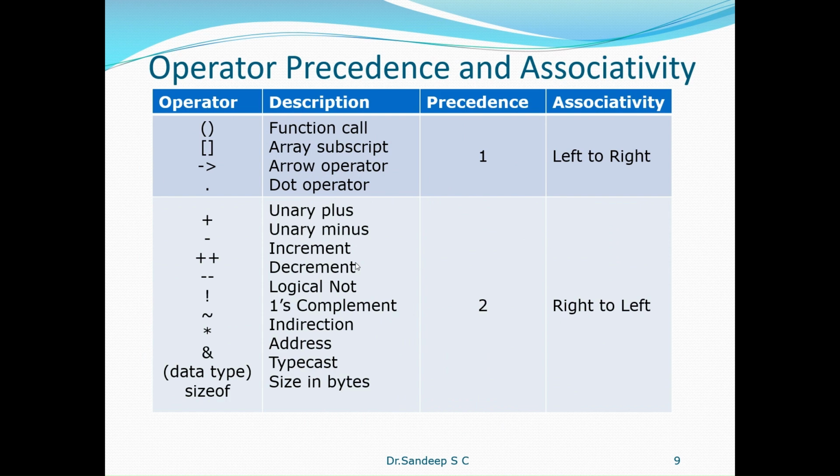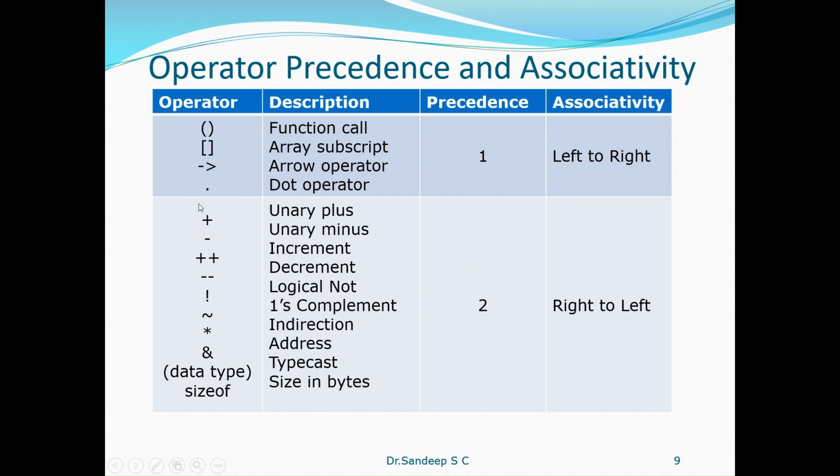Then we'll see an important topic, that is precedence and associativity of the operators. Here, when we say operator, we can have a unary operator, binary operator, or a ternary operator. A unary operator works on only one variable, a binary operator takes two operands, and a ternary takes three.